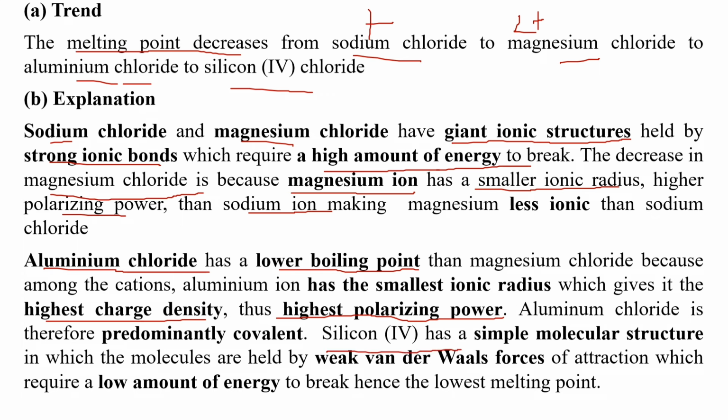Silicon 4 chloride, we said it's a liquid, so correct this: silicon 4 chloride has a simple molecular structure. Liquids have simple molecular structures joined by weak van der Waals forces. Though within the molecule there are covalent bonds, from one silicon 4 chloride molecule to another there are van der Waals forces.